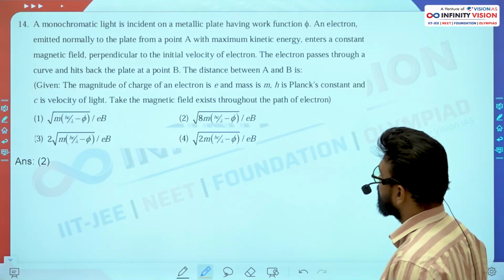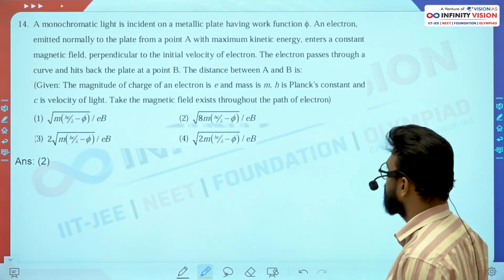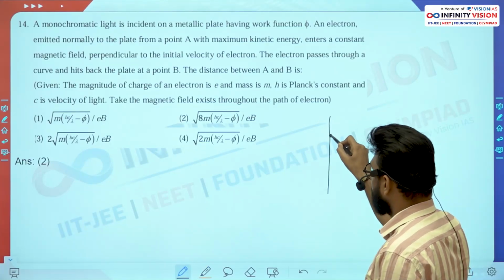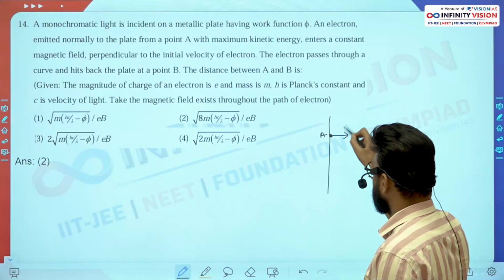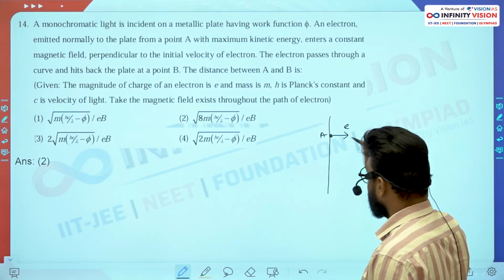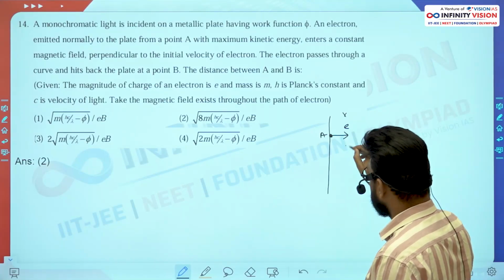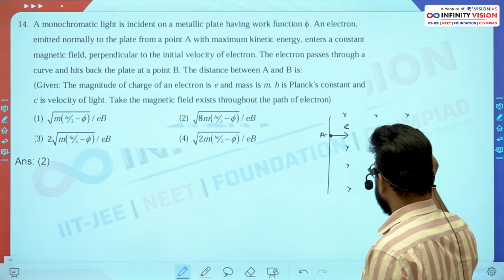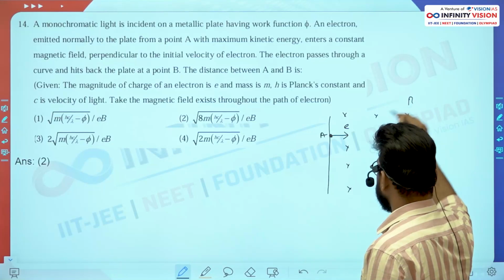Take the magnetic field to exist throughout the path of the electron. Suppose this is the sheet and electrons are ejected at point A, and a perpendicular magnetic field exists in the region.